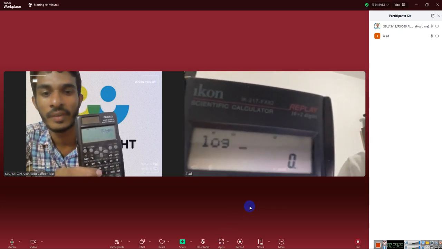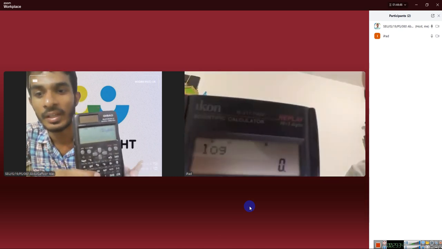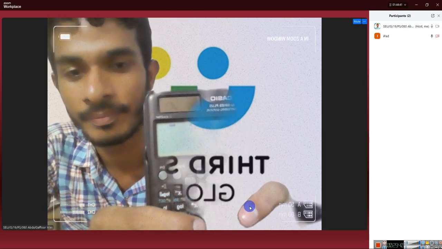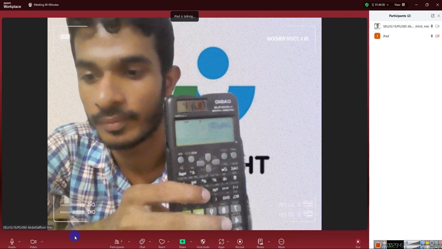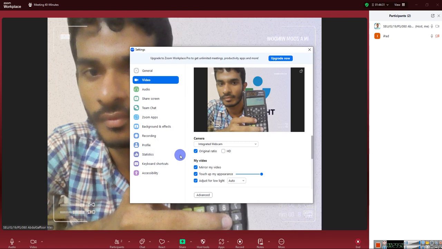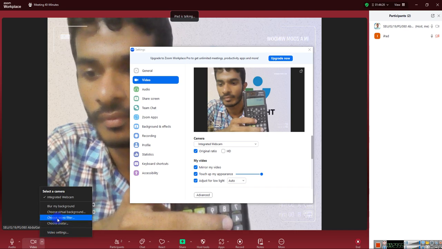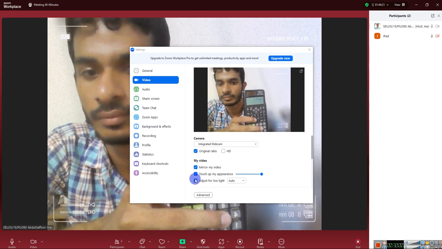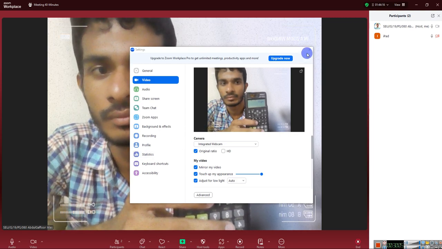So you can only find the values for base 10 here.